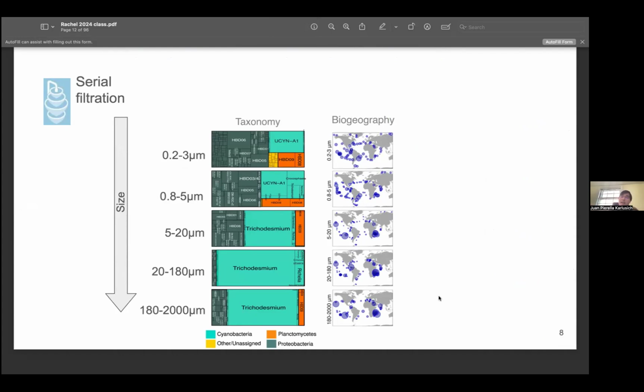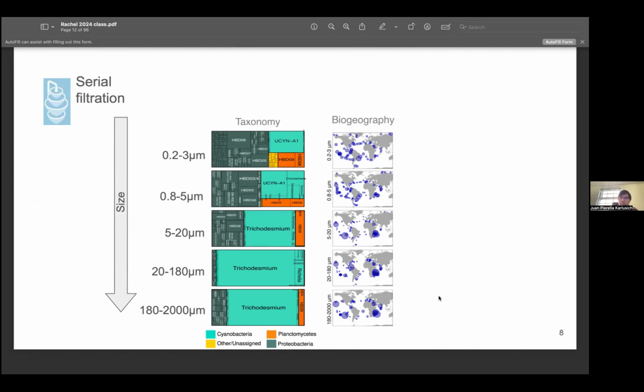There is another size fraction that consists of the seawater that passed through pores of size 0.2 microns, and this size fraction is considered to be enriched in phages, bacterial viruses, and so it's usually analyzed for targeting these viruses.